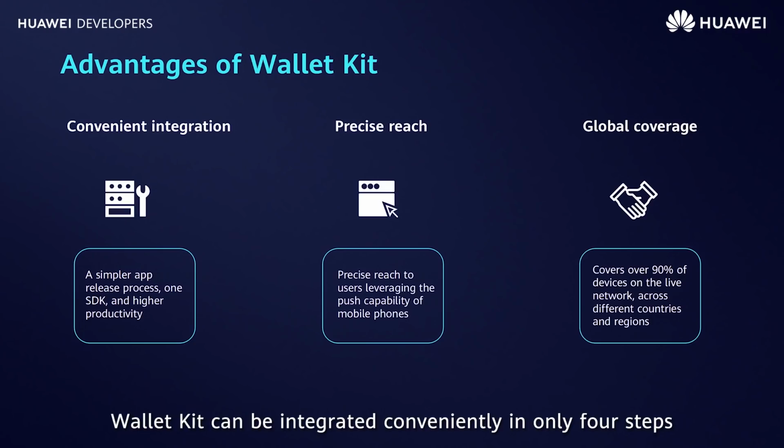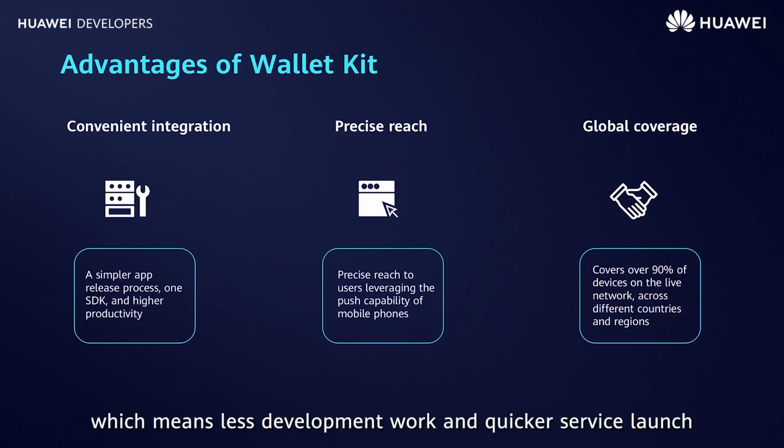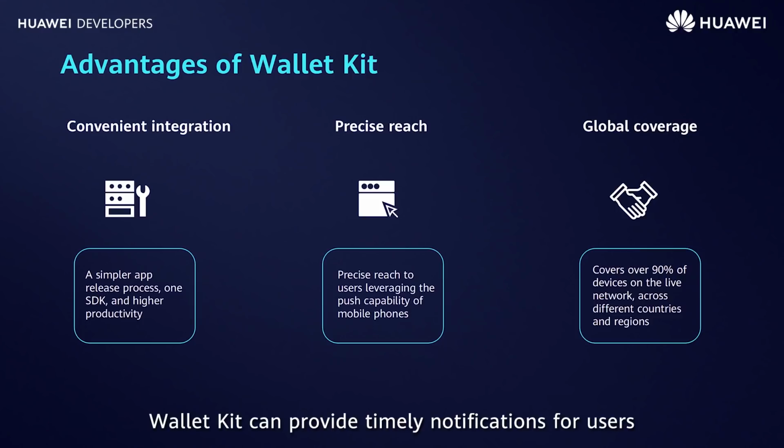Wallet Kit can be integrated conveniently in only 4 steps: registration, certification, service configuration, and app development. Only one SDK is used, which means less development work and a quicker service launch. Using LBS and Wi-Fi, Wallet Kit can provide timely notifications for users, for example, when messages arrive or before events start.